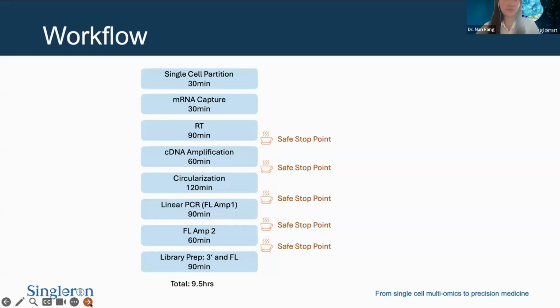And also with this method, you can easily get single-cell full-length RNA sequencing information from, with our standard chip, up to 20,000 cells at once, with our high-density chip up to 30,000 cells all at once. So it's quite scalable and also quite a straightforward workflow.